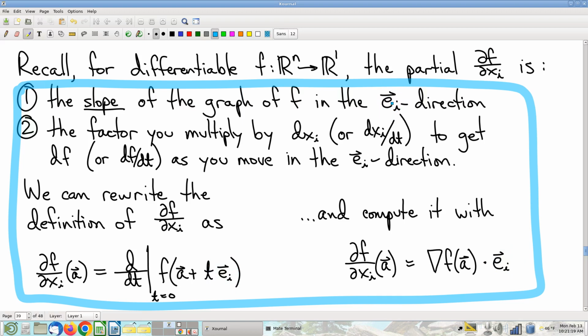If there's nothing special about coordinates, and if this slope, this factor, and this expression and that expression are all the same thing when we're talking about the direction of that unit vector, well, there's nothing special about that unit vector. Why wouldn't all of these things also equal each other when you're talking about any other unit vector?